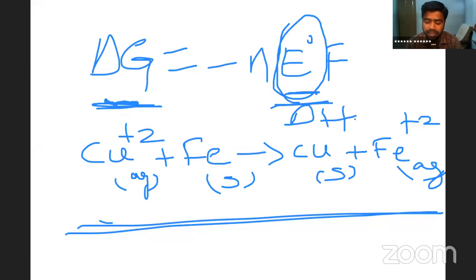Less reactive metal will come out of the solution. Copper is a less reactive metal as compared to iron. What is the answer?